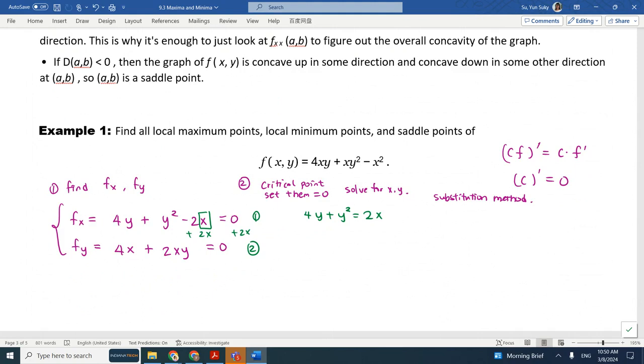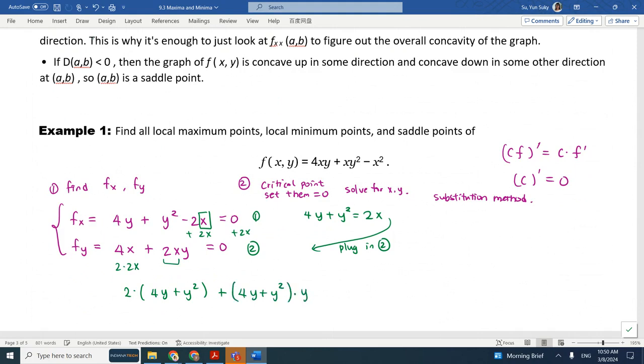Because 4x is what? 2 times 2x, right? So we can then plug in. Now 4x is like 2 times 2x. And we know 2x is 4y plus y squared.